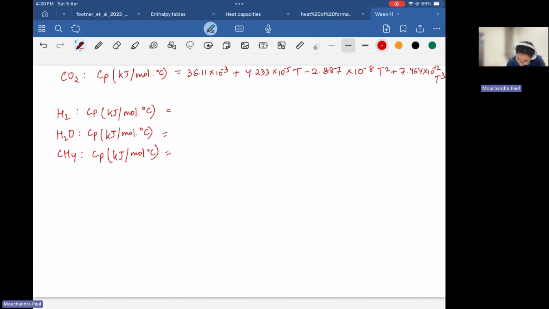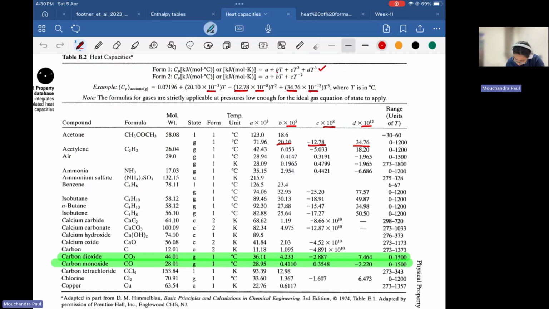Then similarly for others, let's quickly write it one by one.